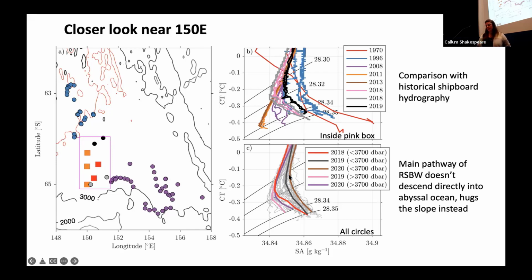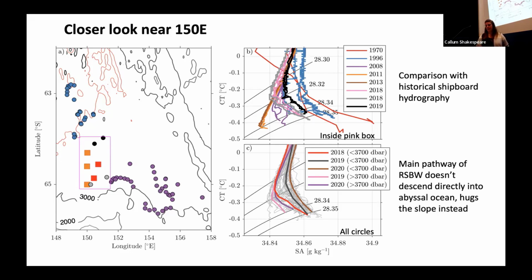And so if you look at profiles that were taken shallower than that 3,700 meter isobath, that's this red, dark gray, and brown, in 2018, 2019, 2020, you again see this continued increase in salinity.